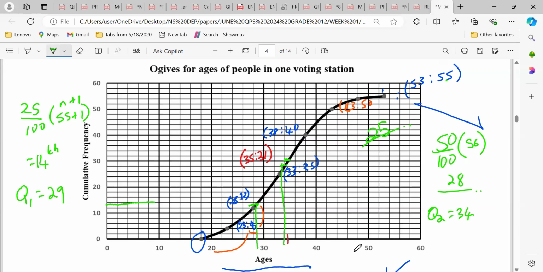Is it fine? Let's get the last one, 75%. 75% of the data, what did you get as the answer? 42.